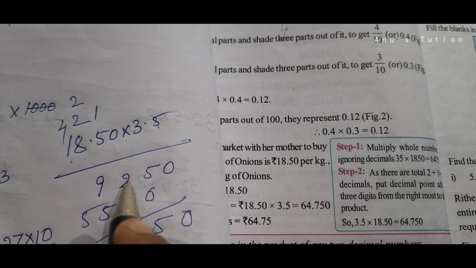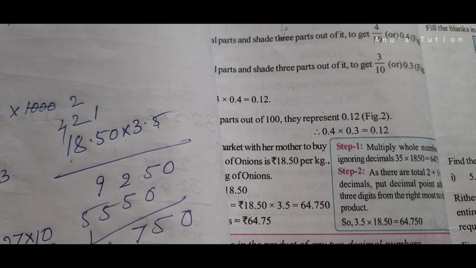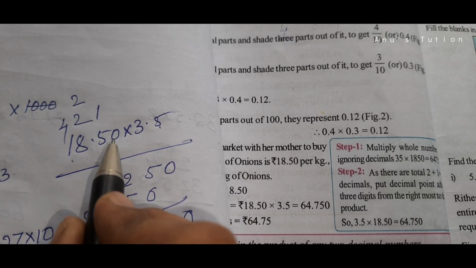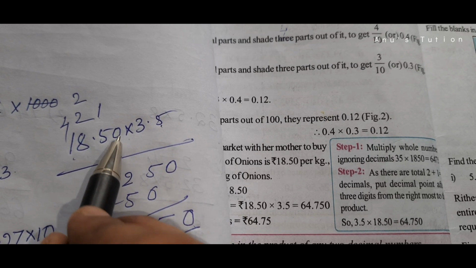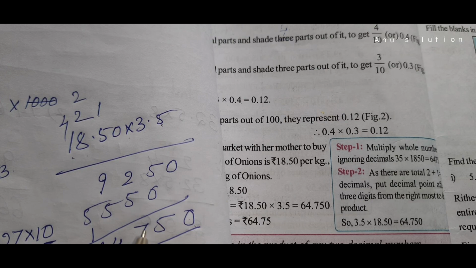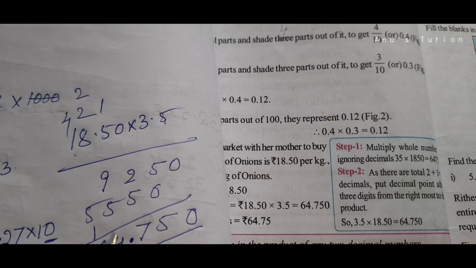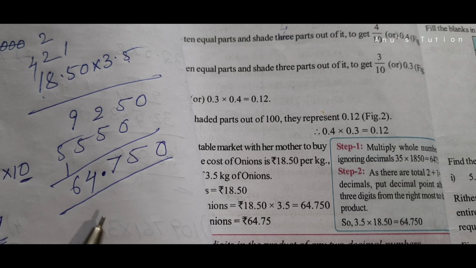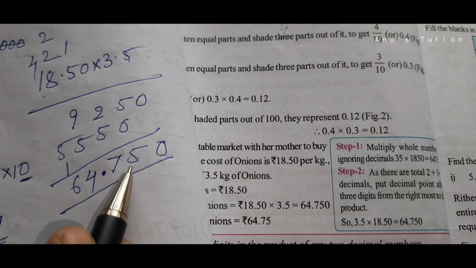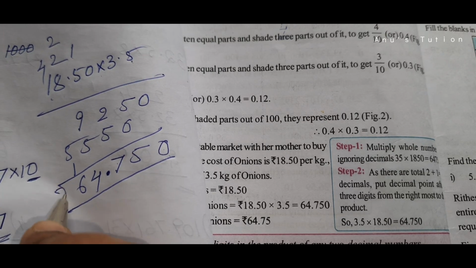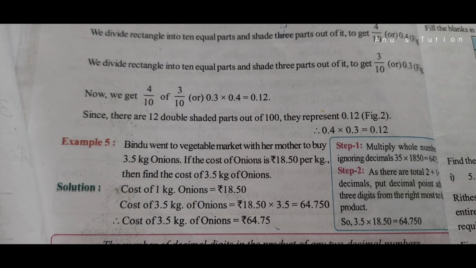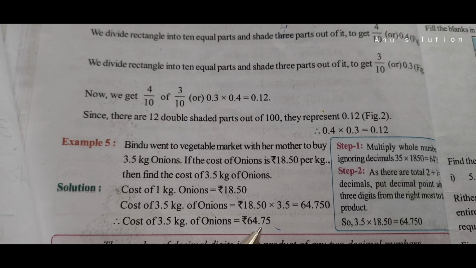Here 3 digits are there to the right of the decimal point, 1, 2 and 3. Okay, like this. Means the cost of 3.5 kgs of onions is equal to 64.75 rupees. Okay, here are some examples.